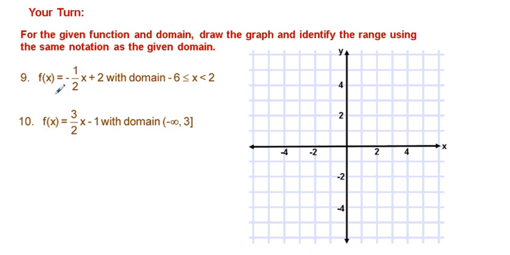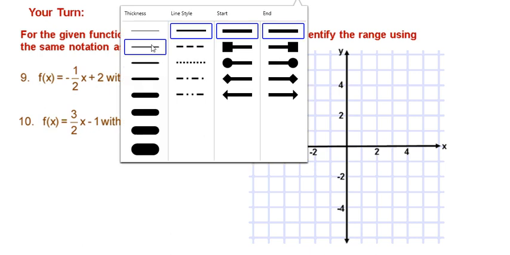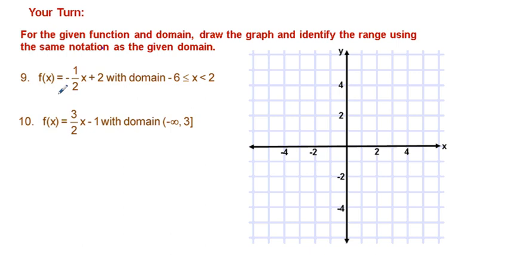Okay, for this one here, for 9, if we plug in -6, f of -6 is equal to -1/2 of -6 plus 2, which is 3 plus 2, which is equal to 5.